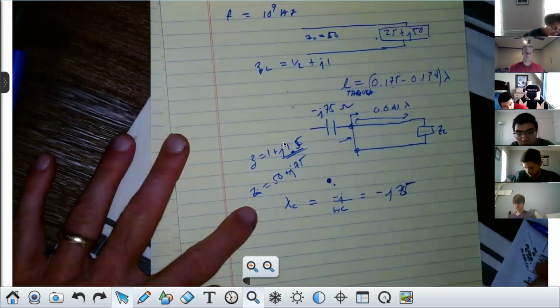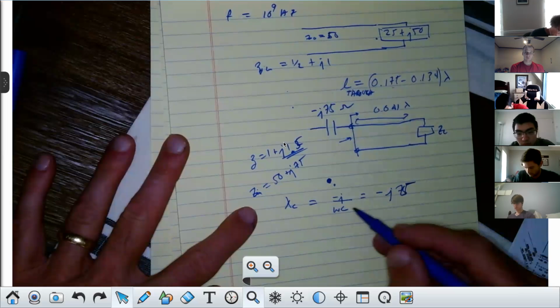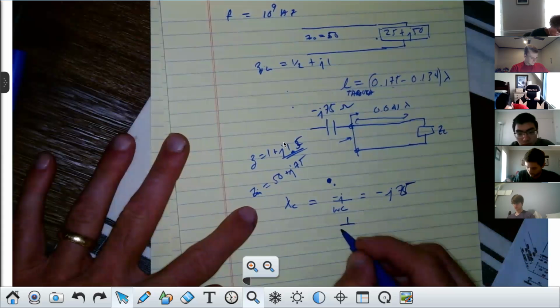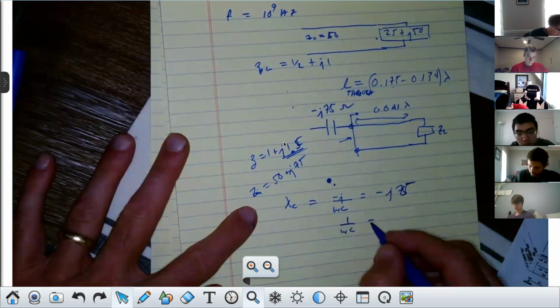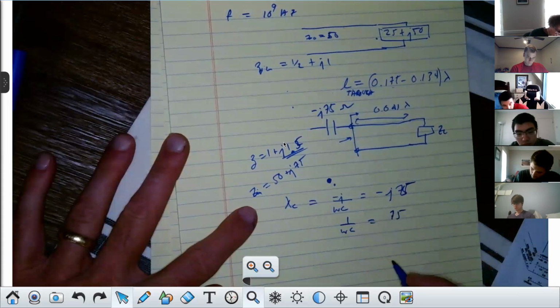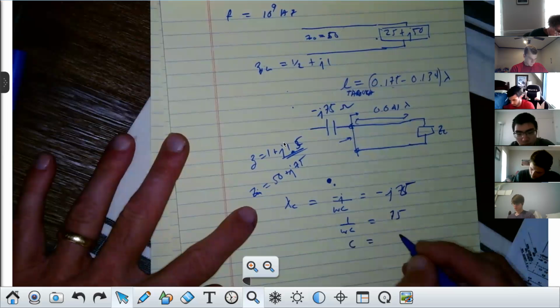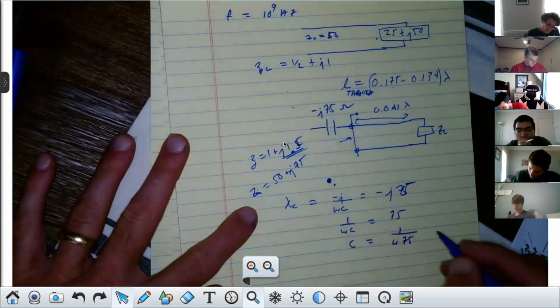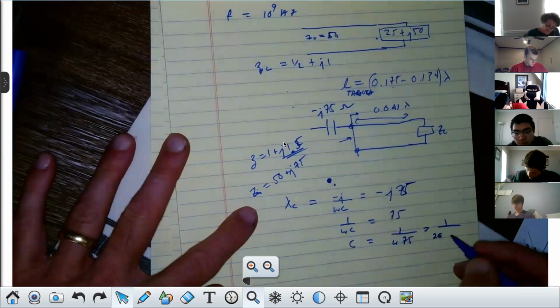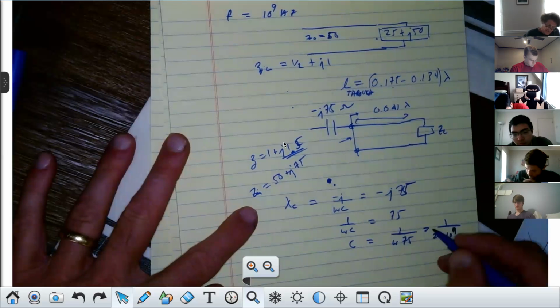And that means the capacitive value would be what? I would have 1 over omega C equal to 75, or C equal to 1 over omega times 75, or really 1 over 2 pi F, or 10 to the 9th, times 75.